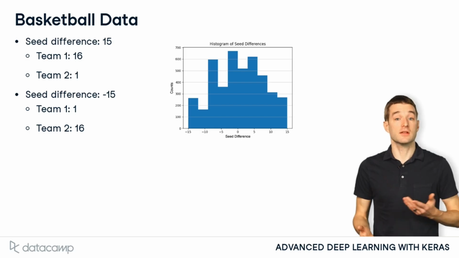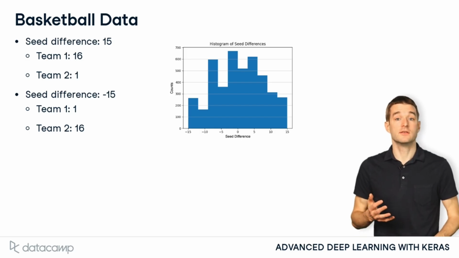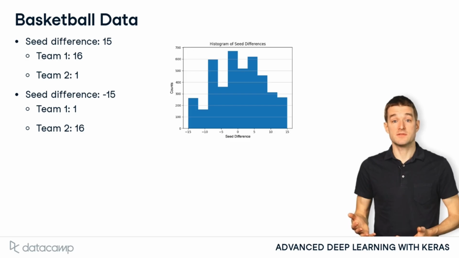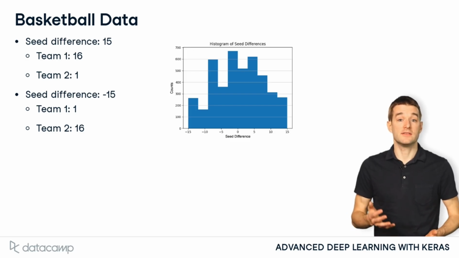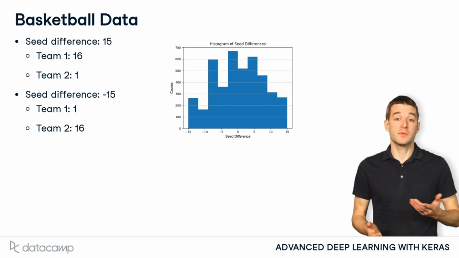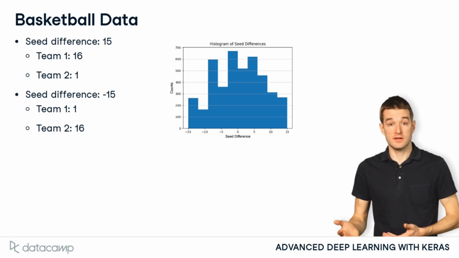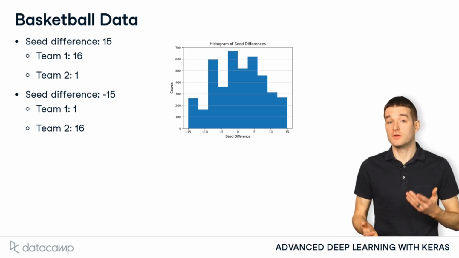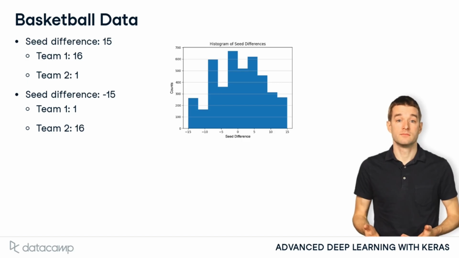This means Team 1 is likely, though not certain, to lose. A seed difference of -15 means that Team 1 has a seed of 1 and is playing a team of seed 16. This means Team 1 is likely, though not certain, to win.